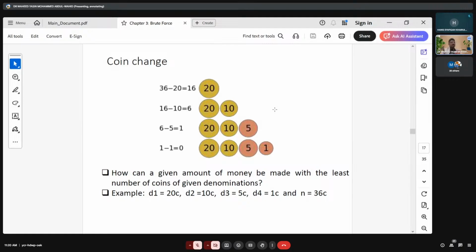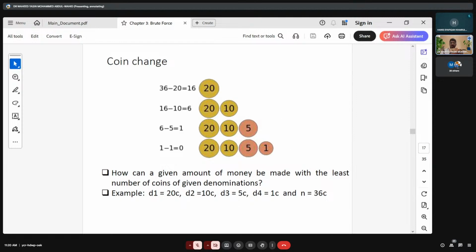Here you will see we have 20 ringgit and 10 ringgit.